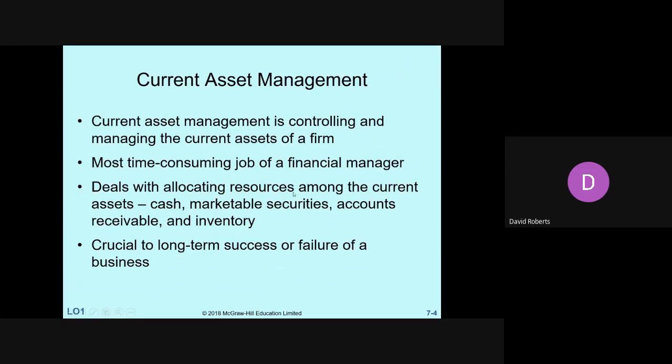So finance managers spend a lot of time, the majority of their time, dealing with current assets. Large purchases or investing in a new plant, those are done very irregularly, maybe every several years. But current asset management, how much money we have tied up in inventory, is a very big deal, and it is done literally on a daily basis.